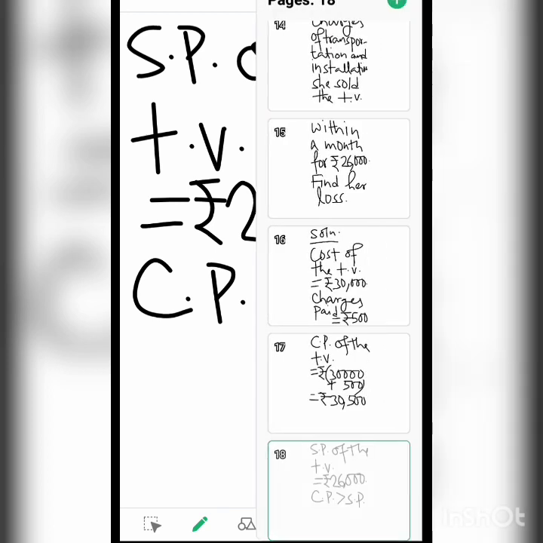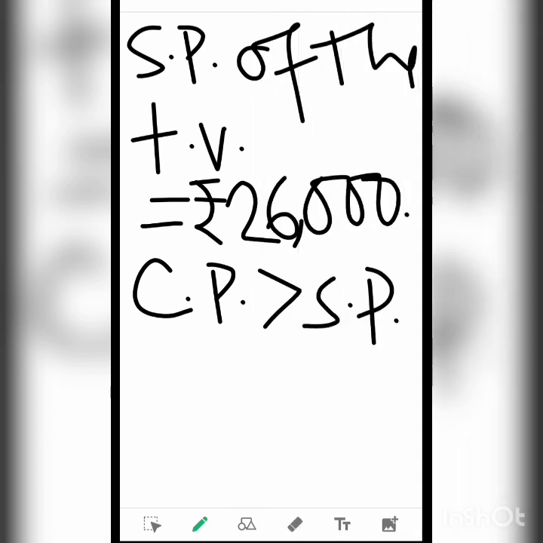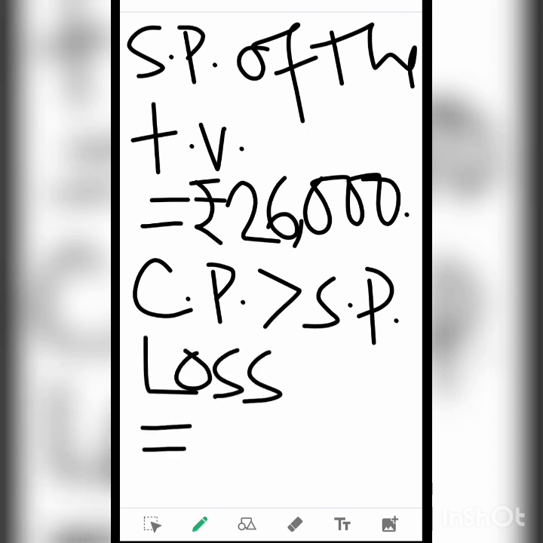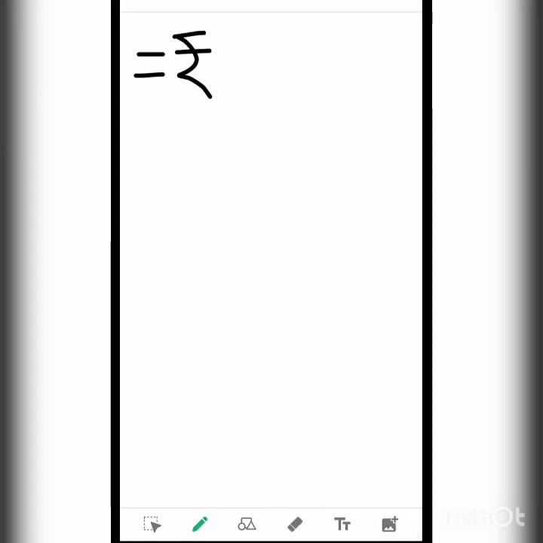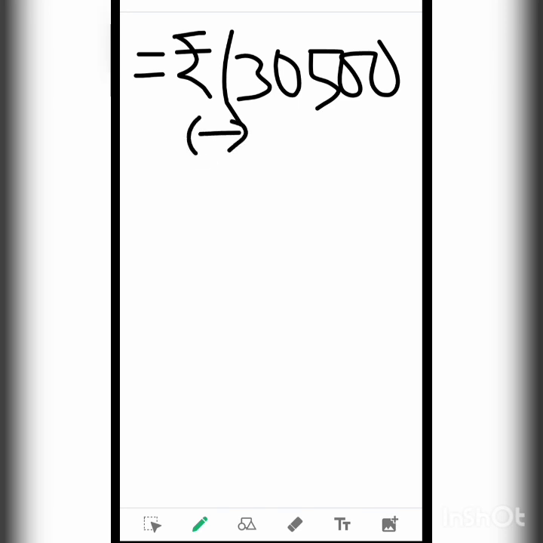So next page we'll start from here. Loss equals cost price minus selling price. So in this page we have written SP of the TV is equal to rupees 26,000, CP greater than SP, so loss is equal to CP minus SP. Then we'll write rupees 30,500. From here we'll subtract 26,000.